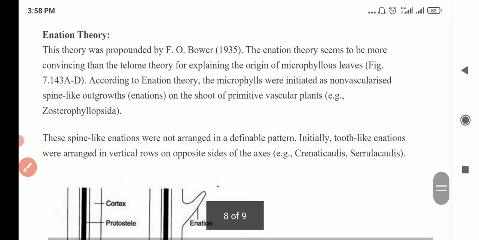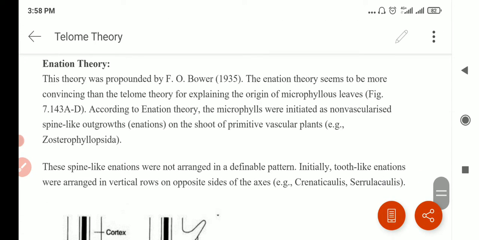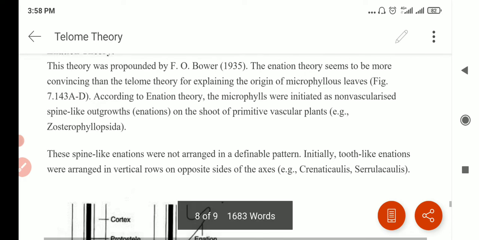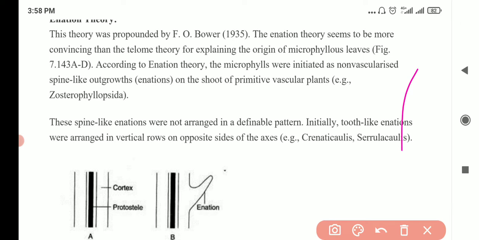Now looking at Innation theory, it was developed by F.O. Bower. Innation is more convincing than Telome theory. It explains how the leaves came about. According to this, the microphylls, when I use the word microphyll it means ferns have small teeny tiny leaves.